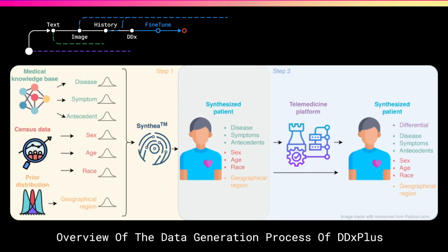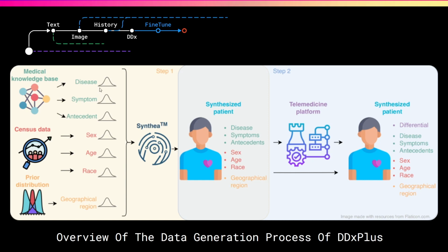How the Mila Institute implemented DDXPlus. Basically, they had a previous medical knowledge base. Then they calculated some census data, and they also had prior distributions for different pathologies.